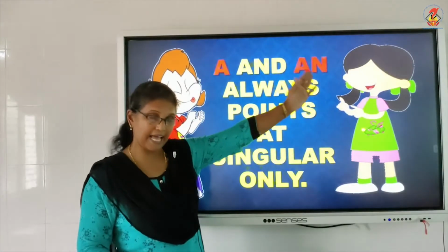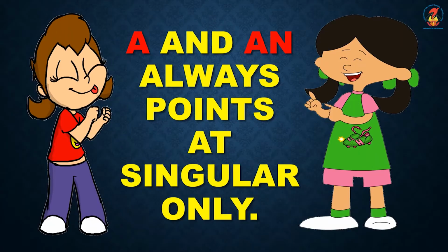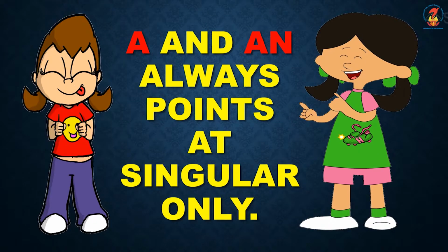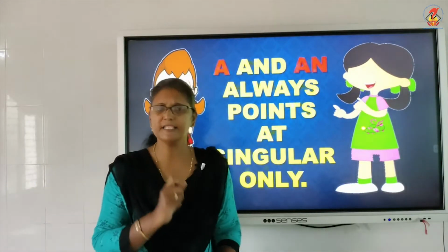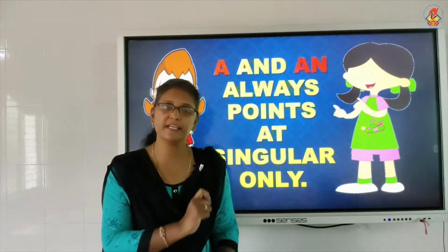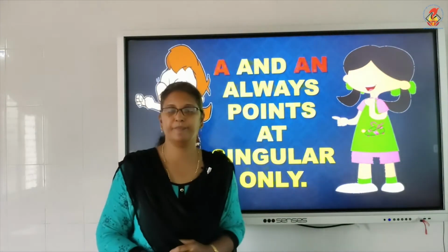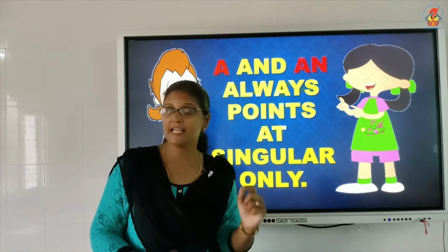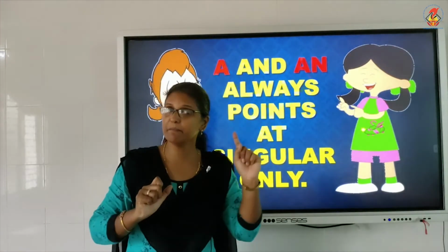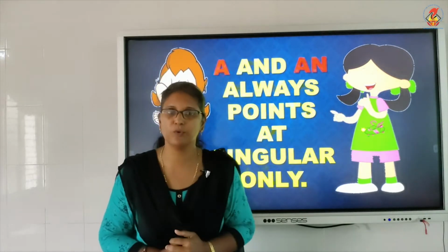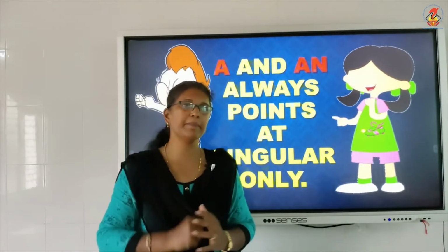A and an always point at singular only. That means a or an is always used for singular. For example, a mango, an apple. In these 2 examples, a mango is one mango, an apple is only one apple.